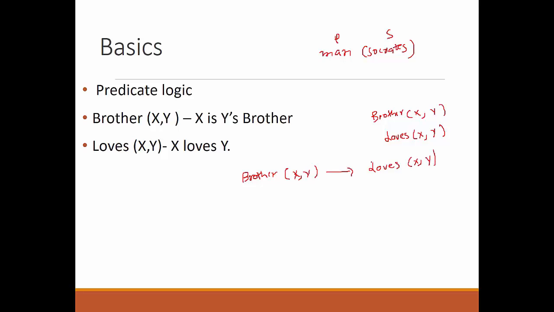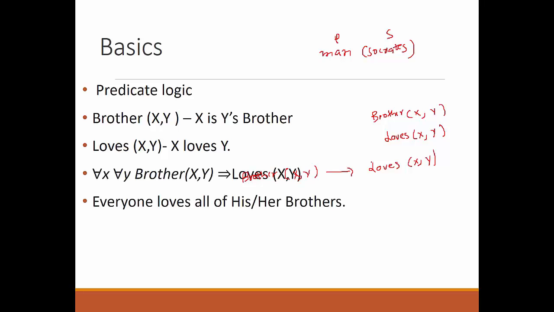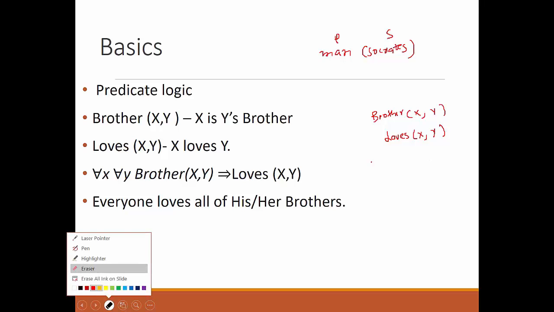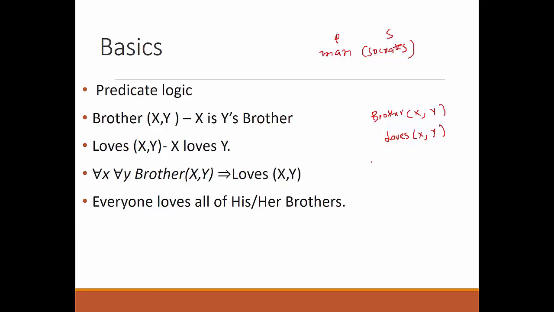Now if someone comes and says that everyone loves his or her brother, this is how we will represent that. Everyone loves his or her brother. So we are going to represent it like this.